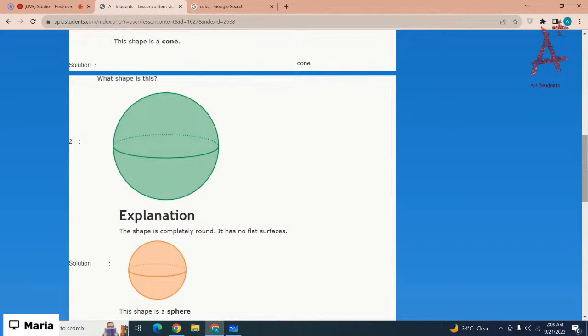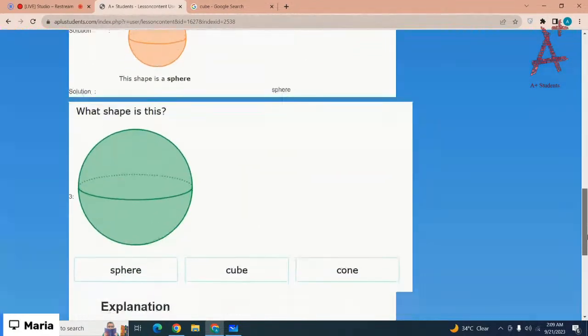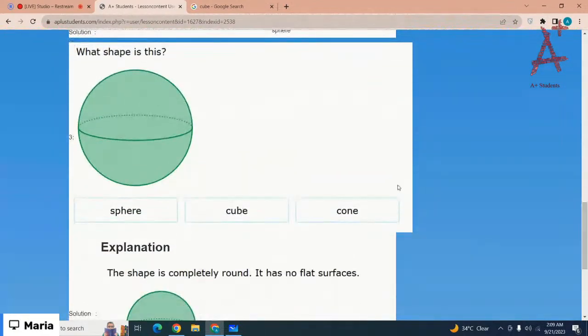I think all of you play with your ball daily, right? Any ball, football, cricket ball, they are all spheres and they are three-dimensional shapes. You can name it a sphere.